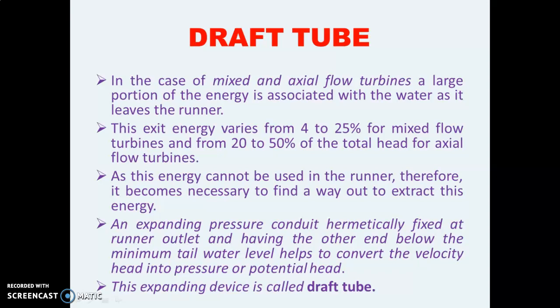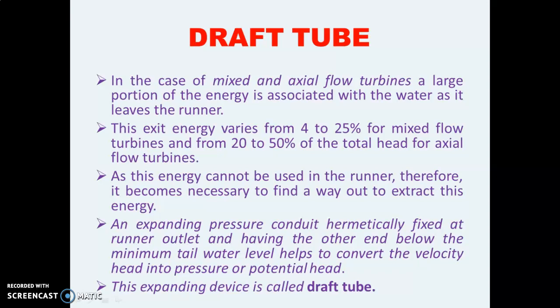Now, in the case of an impulse turbine, that is the Pelton wheel turbine, the whole fluid energy, or the energy of the flowing water, gets converted totally into kinetic energy.